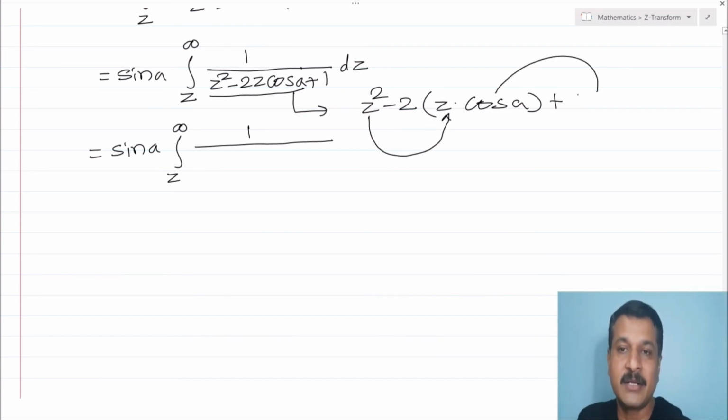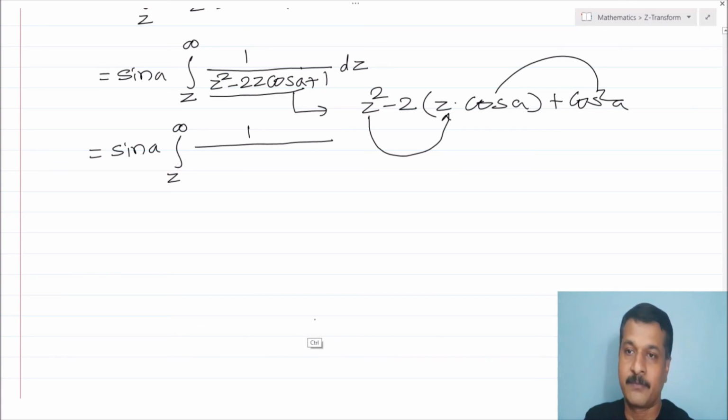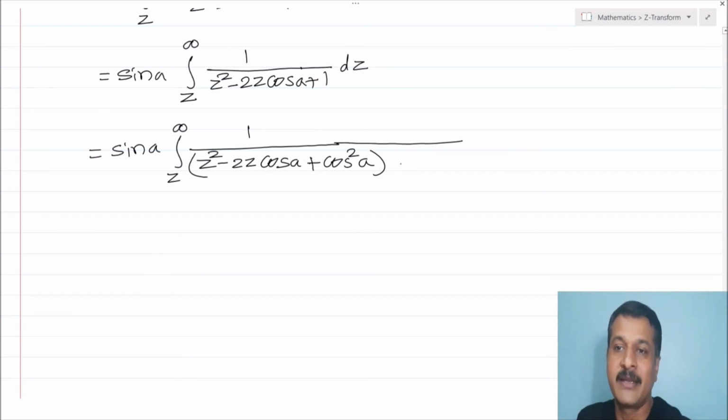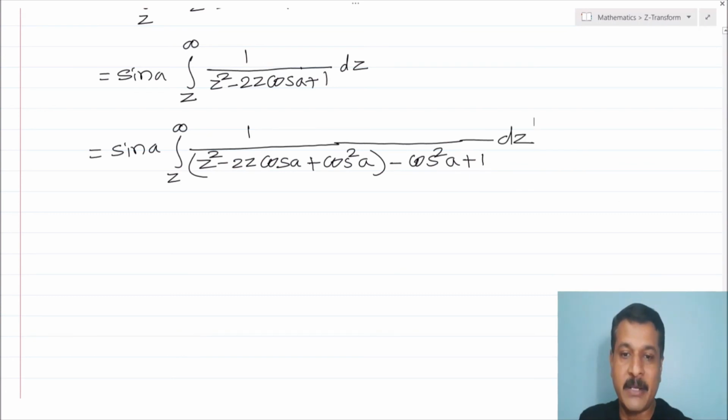So it is nothing but cos square A. So adjust this one. I am getting z square minus 2z cos A plus cos square A. So I am taking here an additional cos square A, and that is why you just consider minus cos square A and plus 1 already there, as it is into dz. So make it a perfect square.